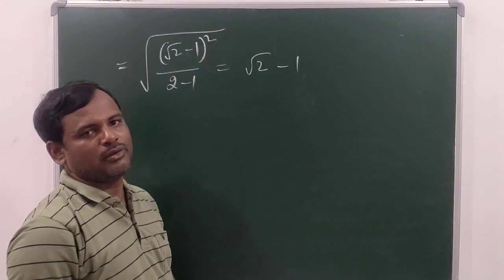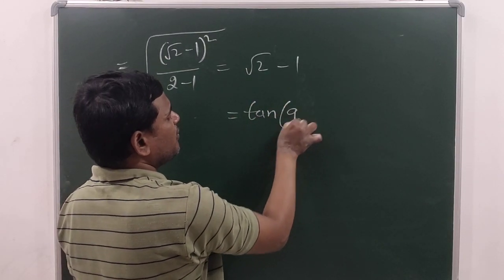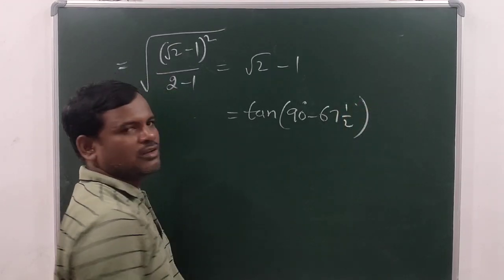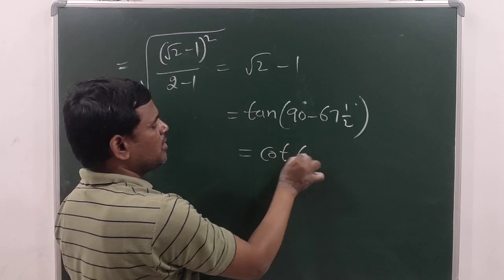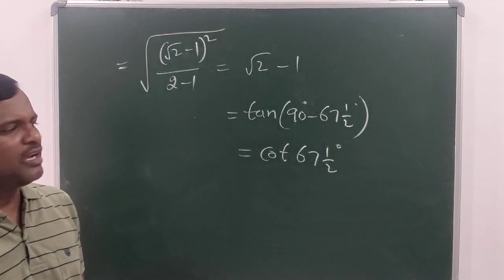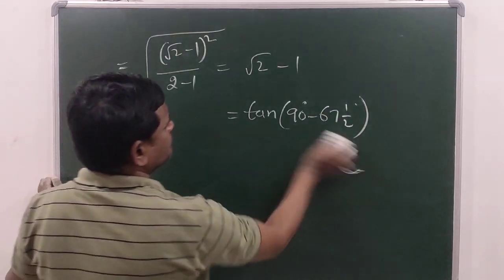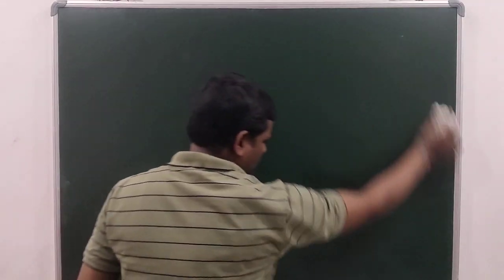Tan 22.5 can also be written as tan of 90 degrees minus 67.5. So tan of 90 minus theta is equal to cot theta, cot 67.5 degrees.